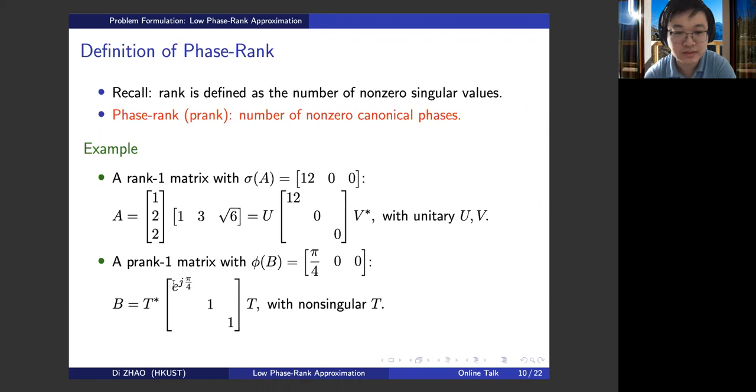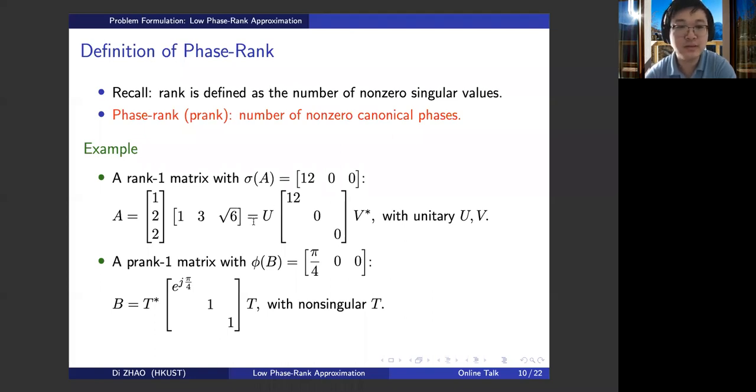This is just a number with unit length, and its phase is pi over 4. The remaining two diagonal terms are just 1, which means they don't have phase. Sorry, their phase is 0. So this satisfies the definition of Planck 1 because they only have one non-zero phase. Very simple. We just give another definition.